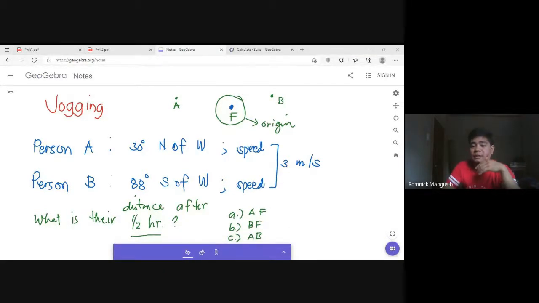And comment your answers after having your solutions. One minute. Okay? Pag tapos na kayo, mag-comment lang kayo. Letter A, B, and C.